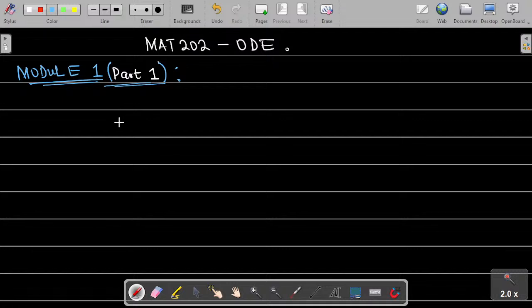All right, so good evening everyone. Like I said, this is ordinary differential equations, ODE, Math 202. This is a course in the university where I teach, and it has these exercises.